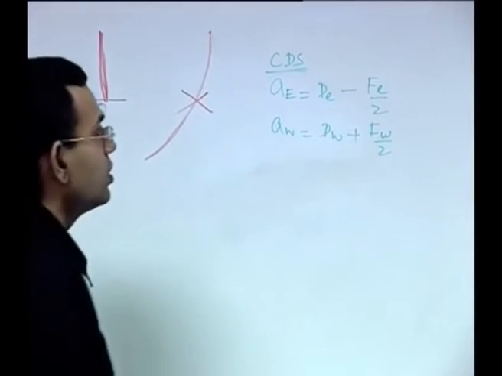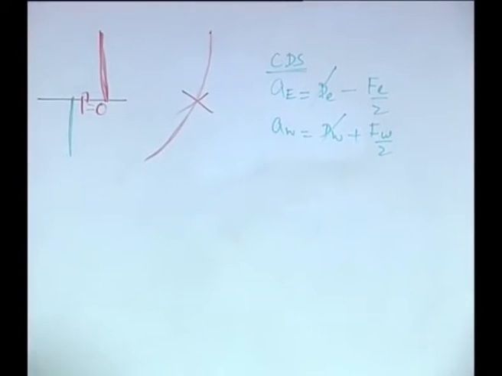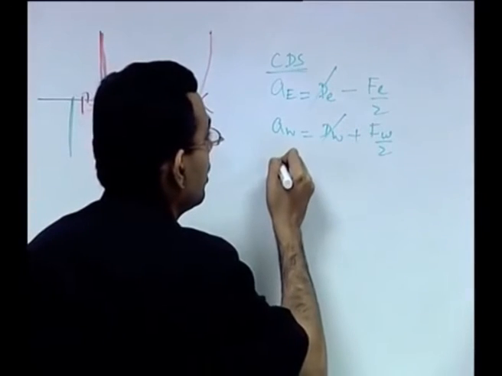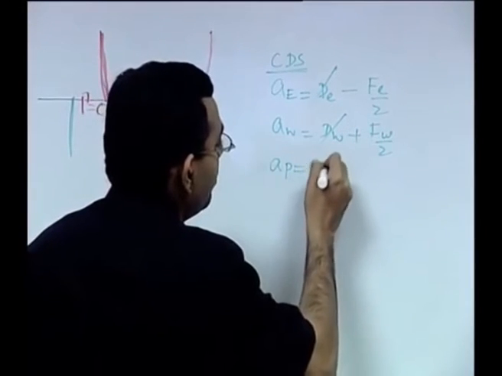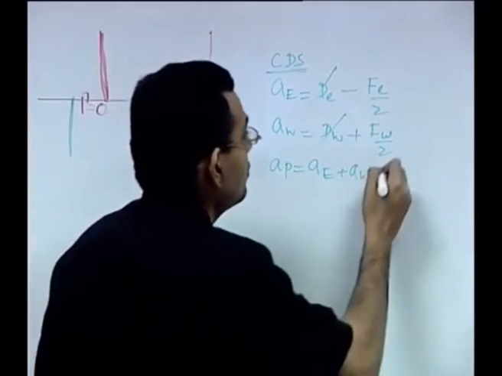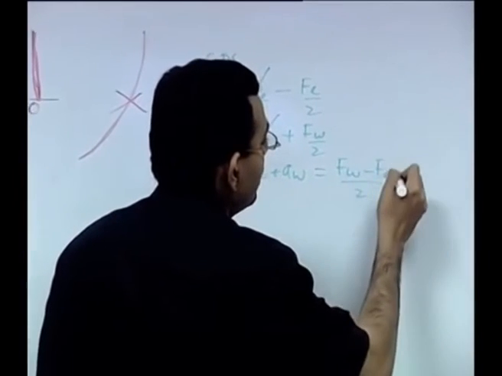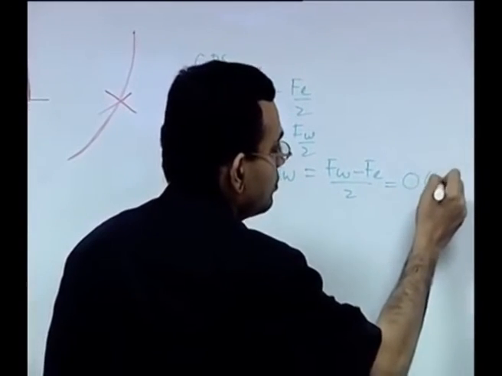When the diffusion coefficient is 0, the D terms are not there. So AP is equal to AE plus AW, that is FW minus FE by 2, and this is equal to 0 by continuity.